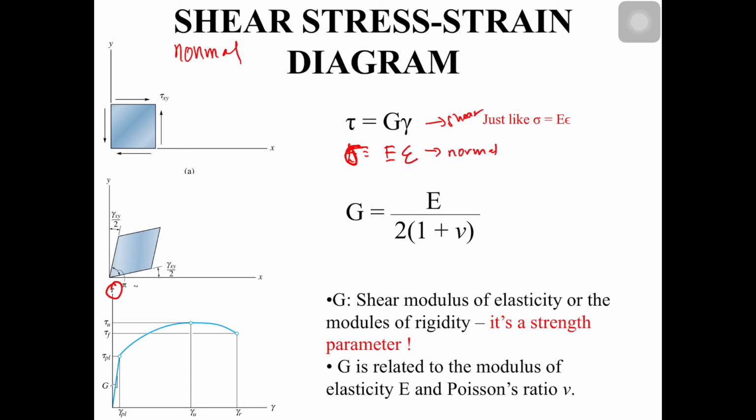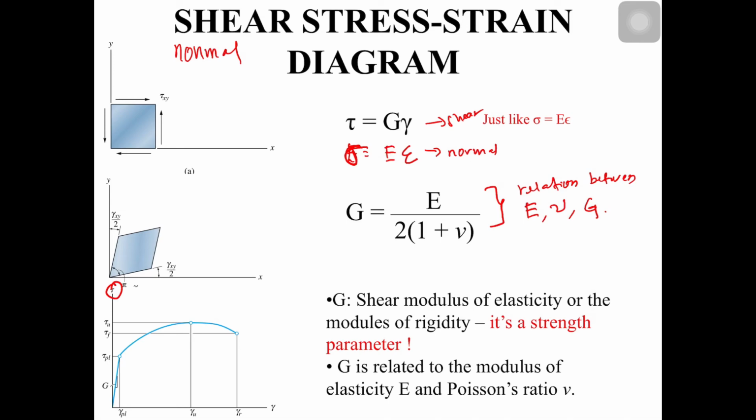The relation between Poisson ratio and G is given by this equation, so you just remember it. So the relation between Young's modulus, Poisson ratio and G, this equation. Remember G is the same as E, except G is for shear, E is for normal.